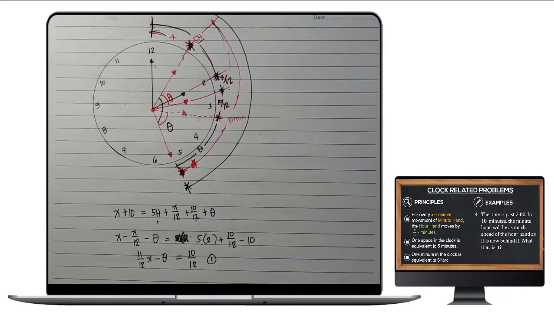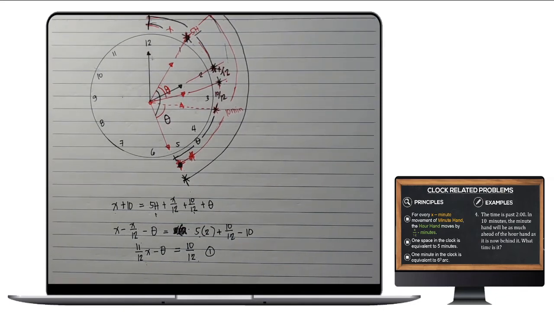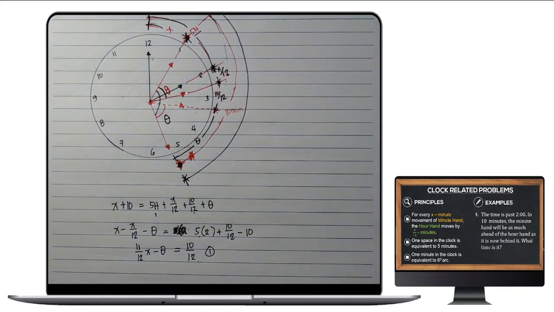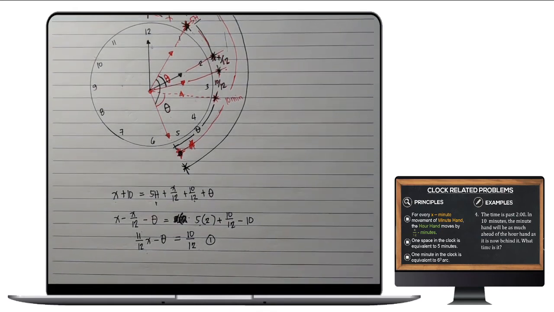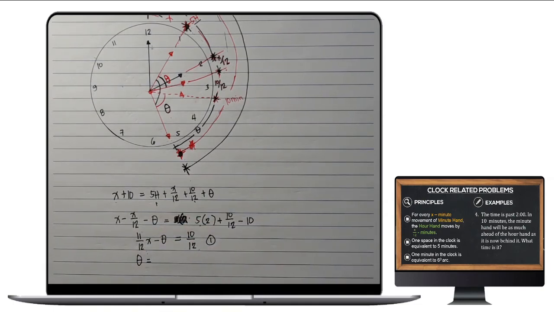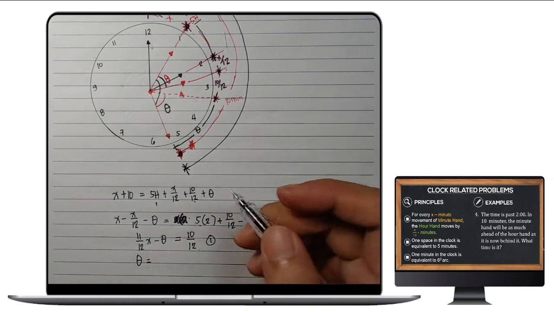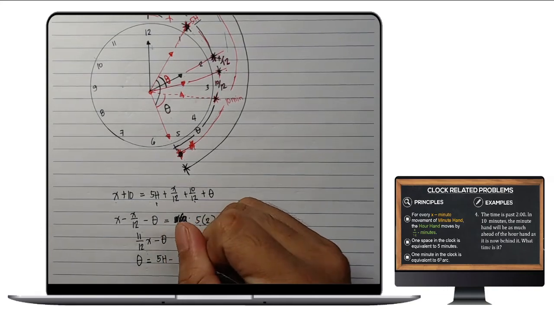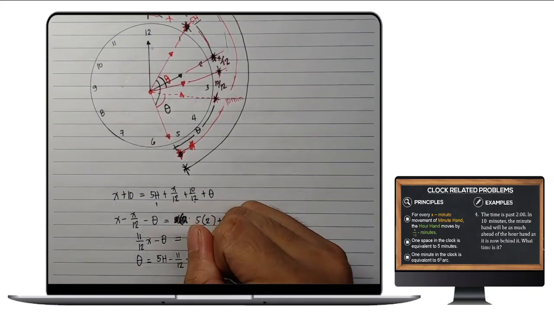Then, let's have the formula for theta. We know that theta, here in our first equation, we can use the derived formula that we have. Since the hour hand is ahead of the minute hand, or the minute hand is behind the hour hand by theta, we can say that theta is equal to 5h minus 11 over 12x.